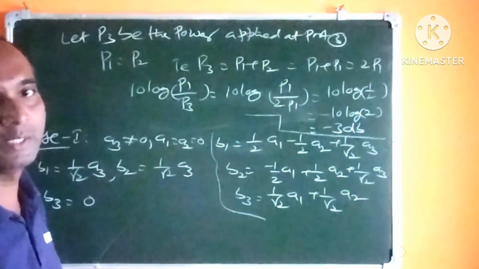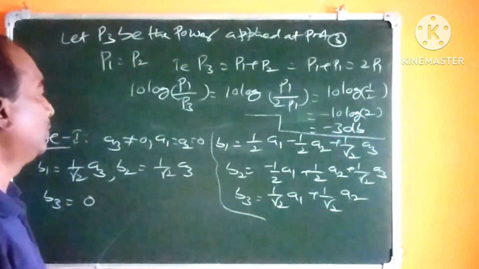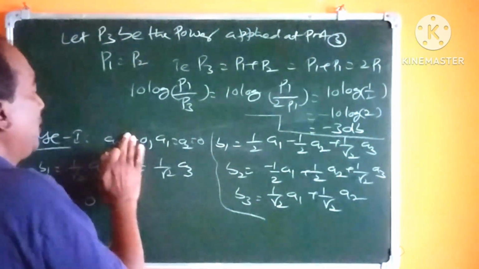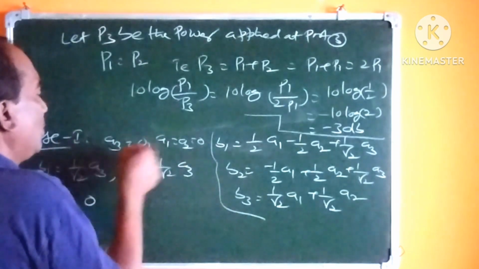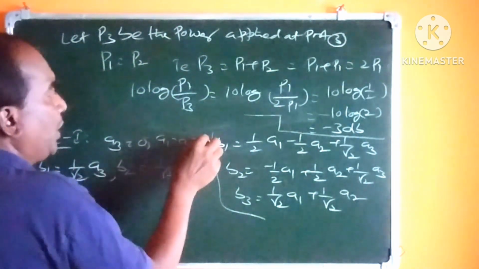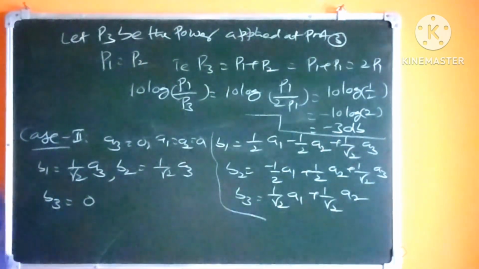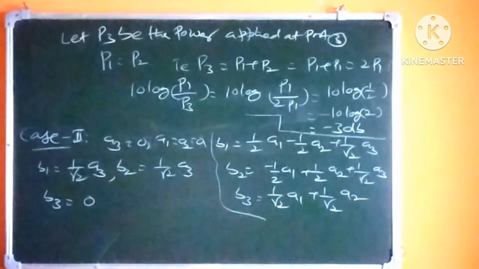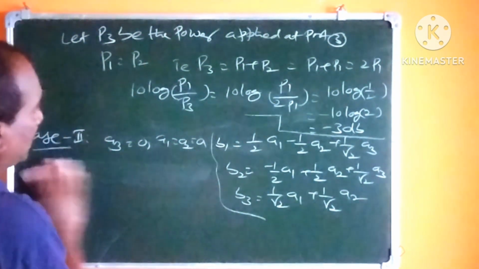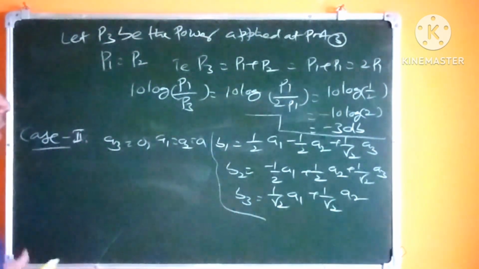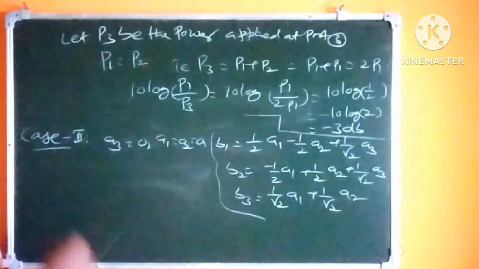In another case, let us assume no power is given at port 3, A3 equals 0, and A1 equals A2 equals A. So, case 2: A1 equals A2 equals A. In this case, we can observe the equations of B1, B2, B3.